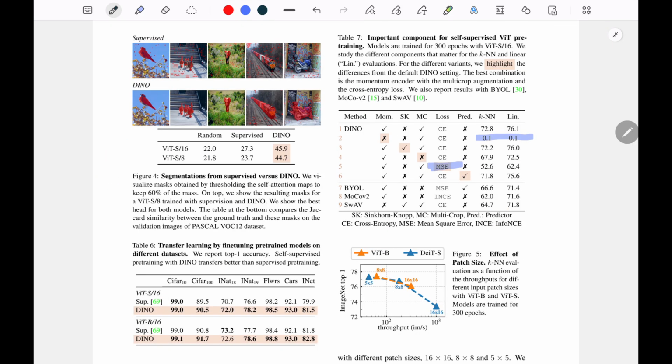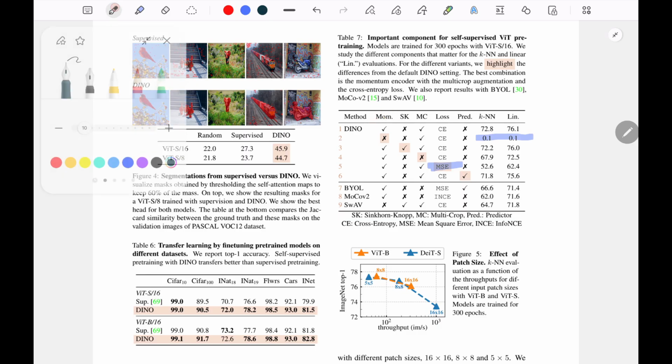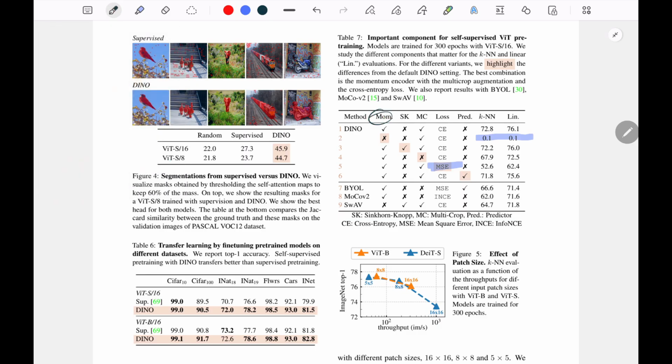Now they have an ablation study where they compare what is actually important. They found that if they remove the momentum averaging and momentum centering, then the KNN performance drops a lot. What do I mean by KNN and linear probe?